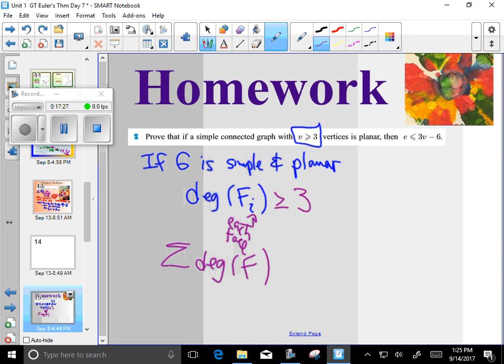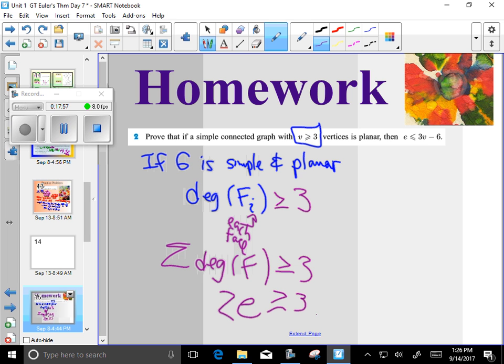This is the sum of all the degrees of those faces. Well, we kind of talked about that earlier today. If you added all these up, they should be compared to what of the edges? Twice that.